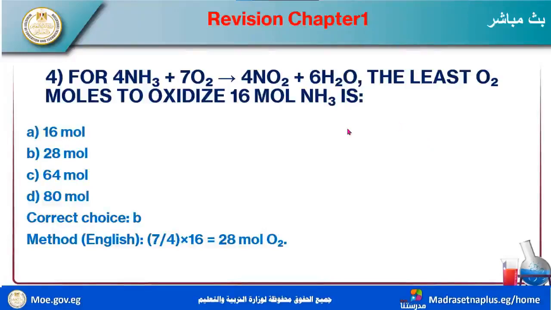Now we have 7 oxygen needed. 4 moles of ammonia gas need 7 moles of oxygen, so 16 moles of ammonia gas need X, an unknown number of moles of oxygen.